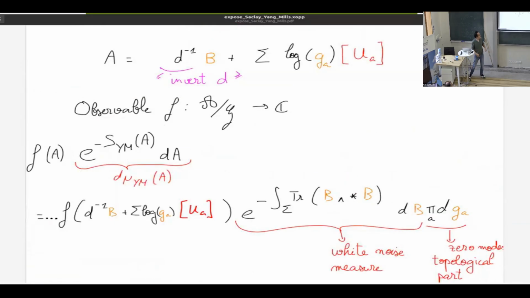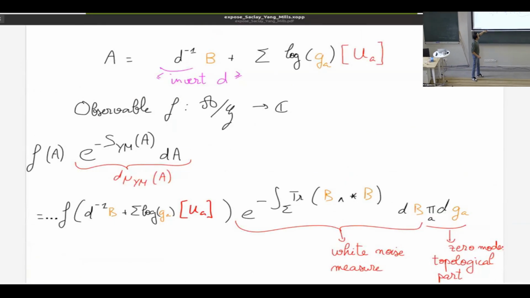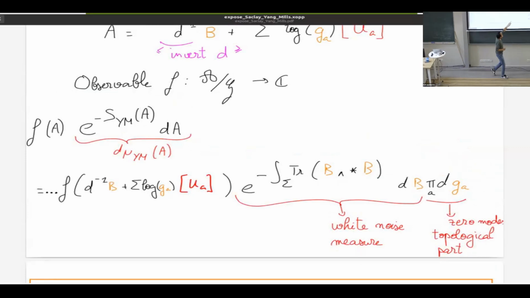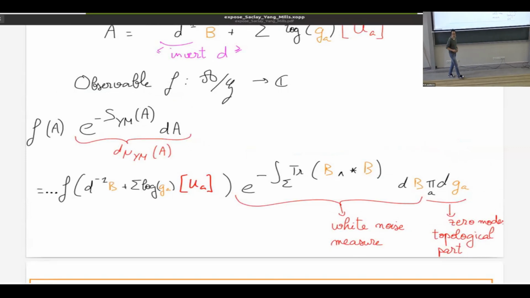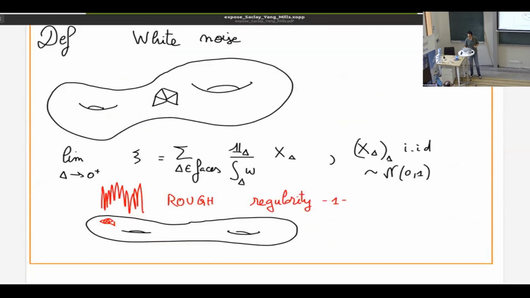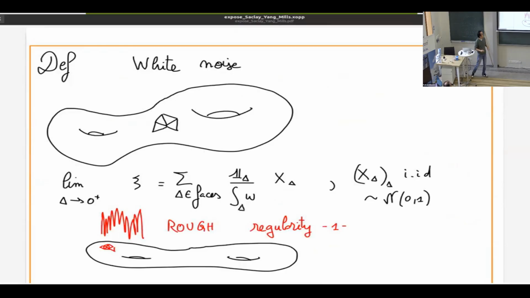So now, once we make this formal change of variable inside the functional integral, I'll just explain quickly how we can give a probabilistic construction of these objects. Here, the field B, this measure is sometimes called the white noise. If you are unfamiliar with white noise, I give you an intuitive definition.